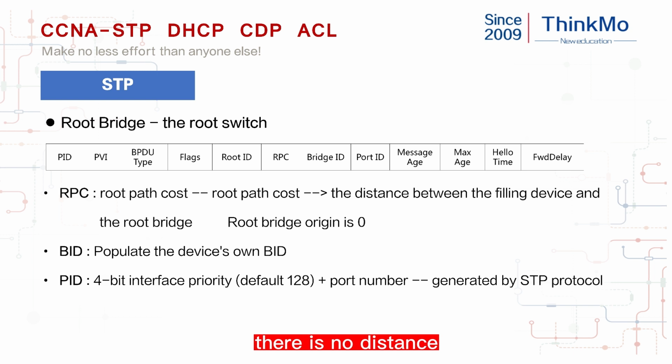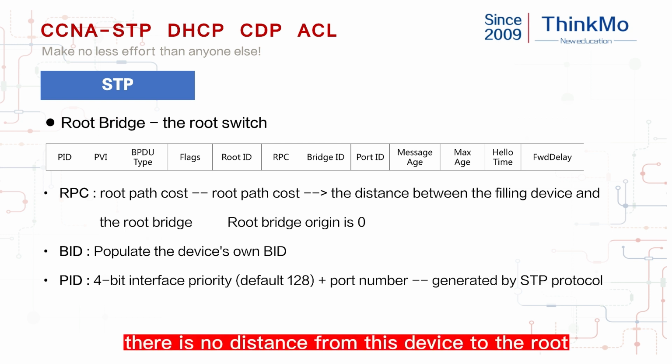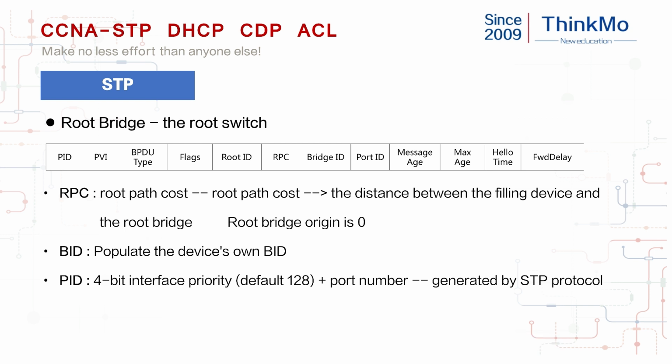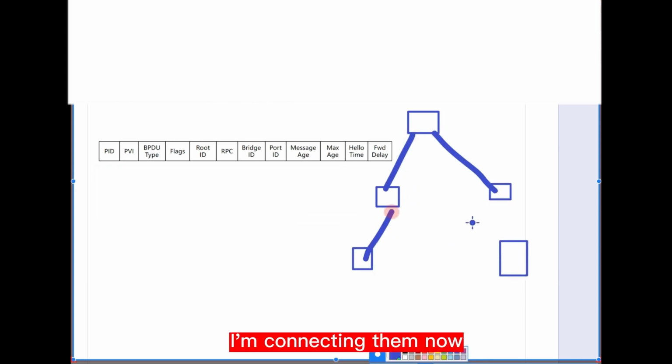There is no distance between the root bridge and oneself in packets originating from the root bridge. Now overall this parameter is 0. There is no distance from this device to the root, because the root is itself. For example, now this is still a device like this. I'm connecting them now.